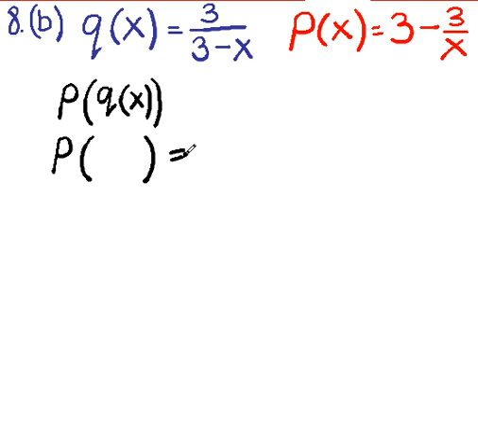Now our p function is 3 minus 3 over x, so if we pretend we don't know what's going in the bracket for a minute, then it's going to be 3 minus 3 over, and instead of x, we're just going to have an empty bracket. So we do in fact know what's going in here.